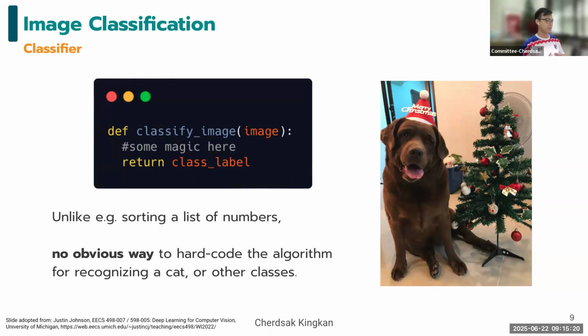All right. Sometimes there's no obvious way that we can hard code this algorithm to recognize a cat or a dog or some other classes, right?